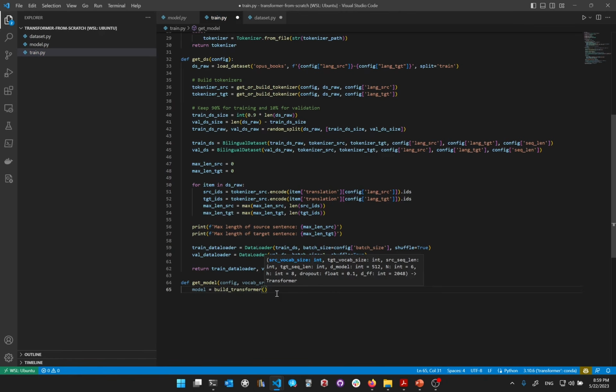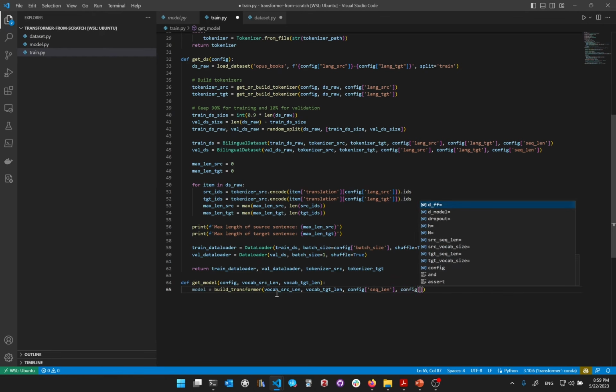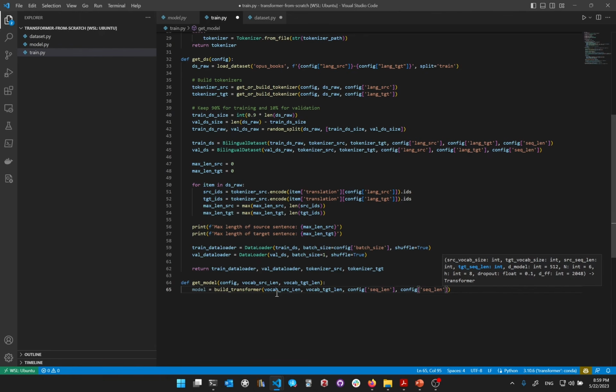What is the first? The source vocabulary size and the target vocabulary size, and then we have the sequence length of the source language and the sequence length of the target language. We will use the same for both. And then we have the d_model, which is the size of the embedding. We can keep all the rest as the default, as in the paper.